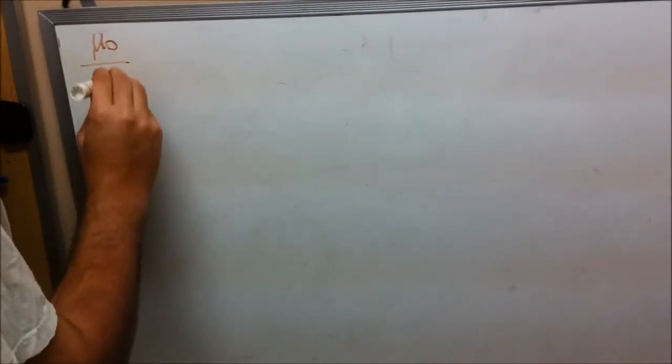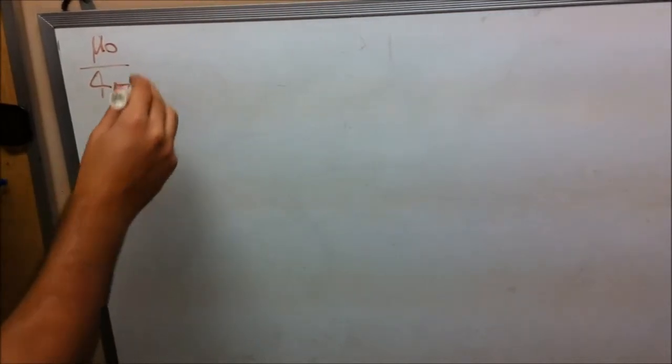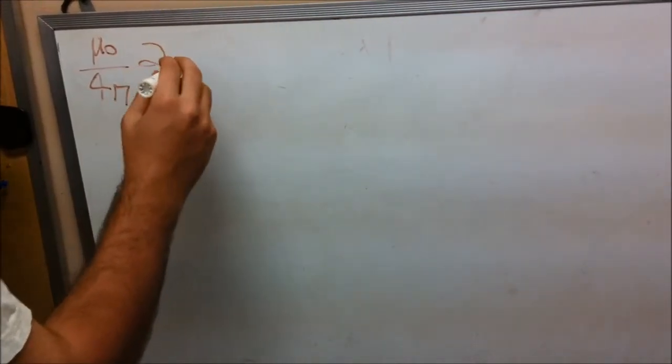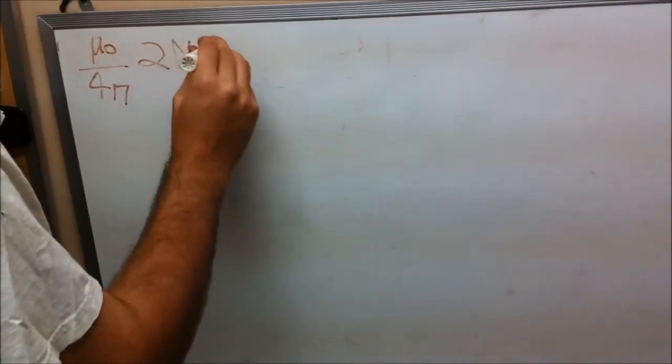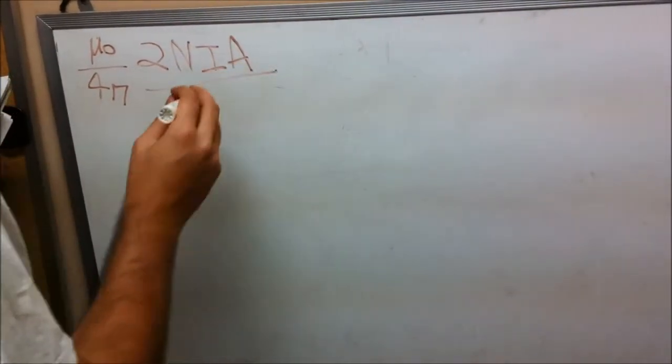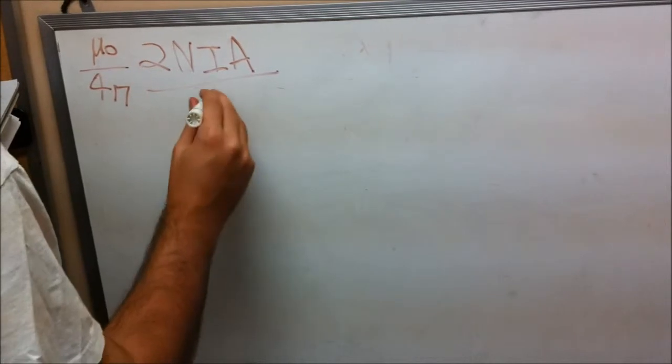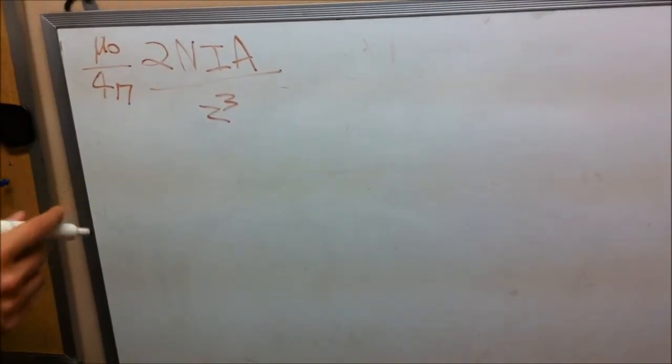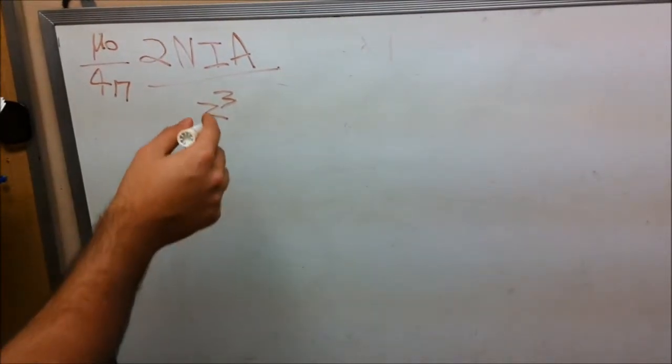That's mu naught over 4 pi times 2 n I a over z cubed. Okay, with z being the distance from the coil to the observation location.